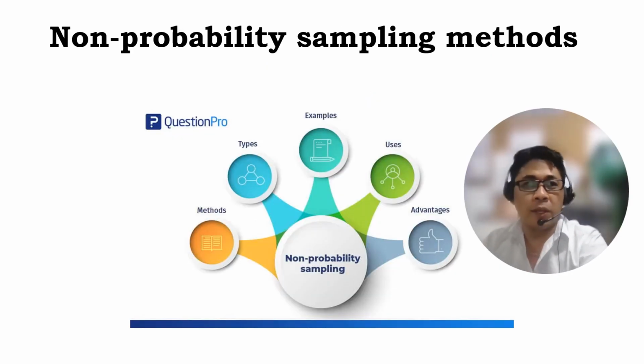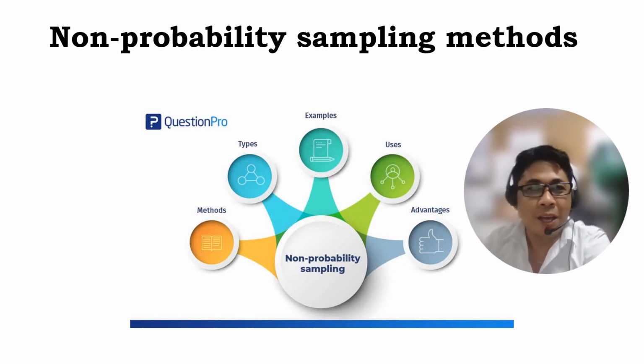So let's go now to the non-probability sampling methods. In non-probability sampling, individuals are selected based on non-random criteria, and not every individual has a chance of being included. So this type of sample is easier and cheaper to access, but it has a higher risk of sampling bias, and you can't use it to make valid statistical inferences about the whole population.